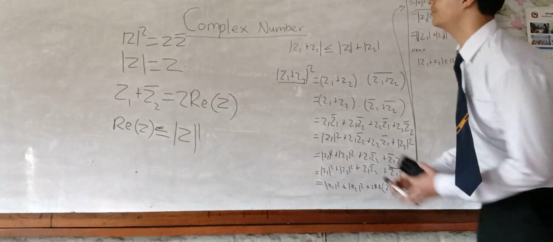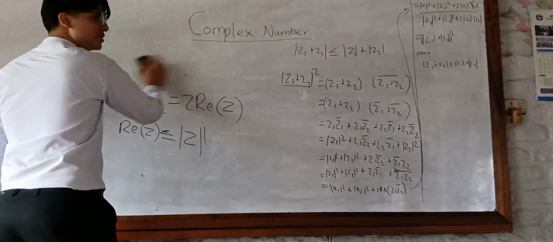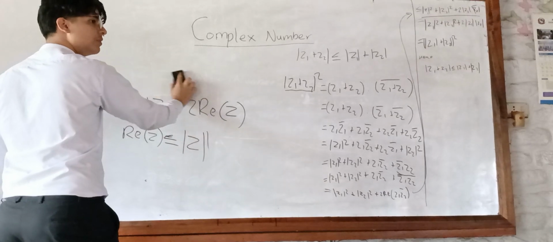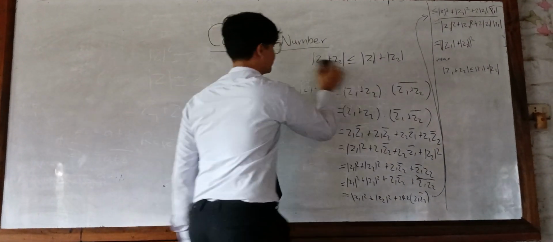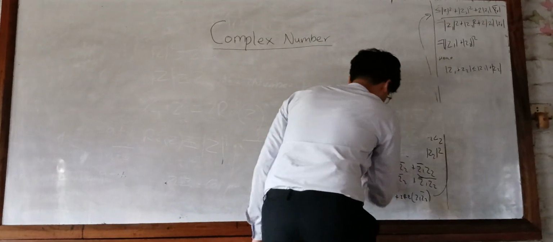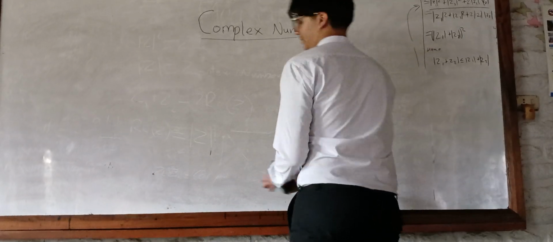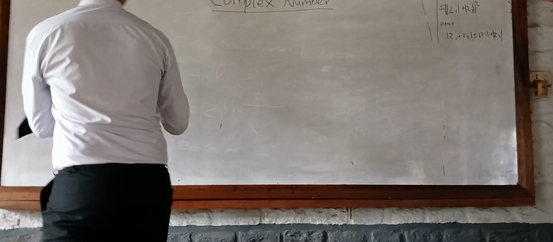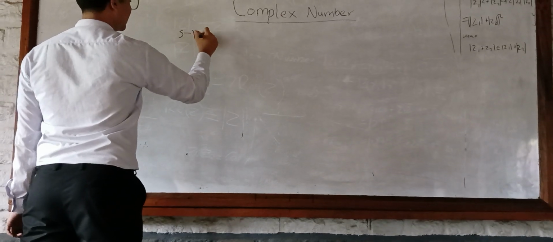Now I'd like to do a question about the square root of complex numbers. I'm going to do this quickly as time is running out. There's a simple question: 5 minus 12i.